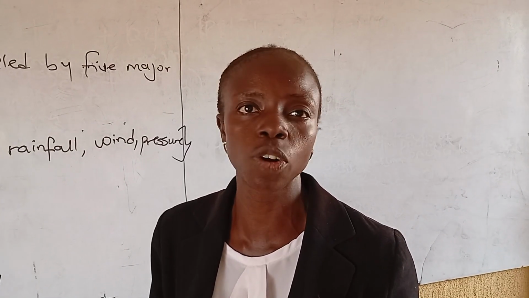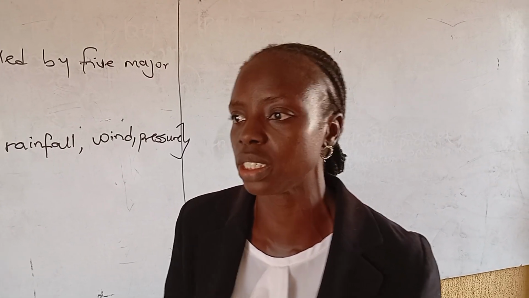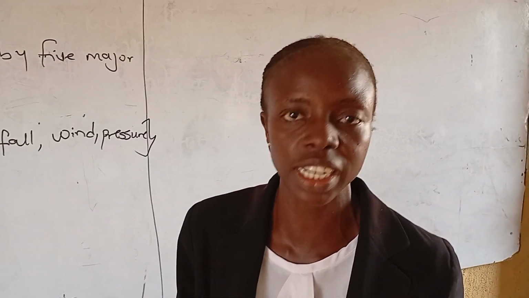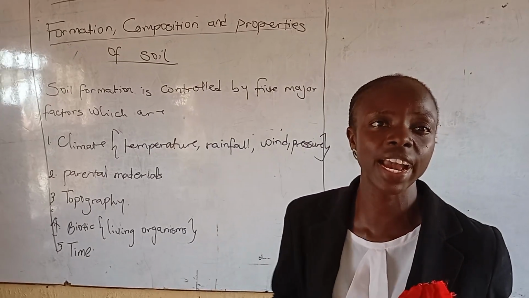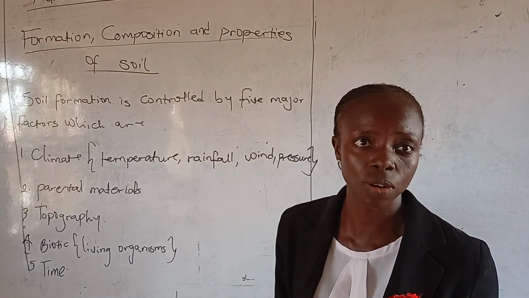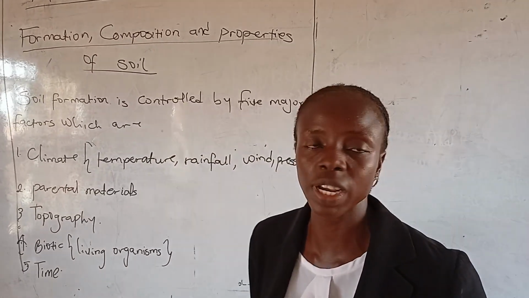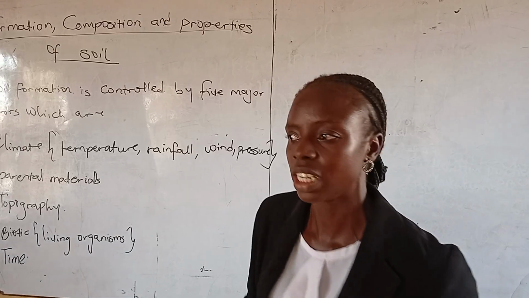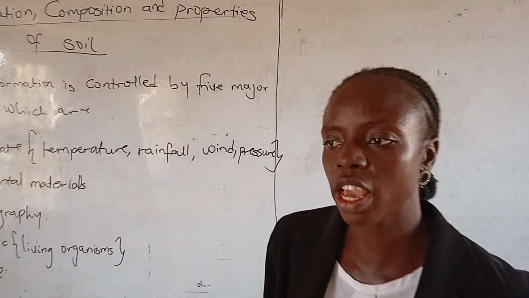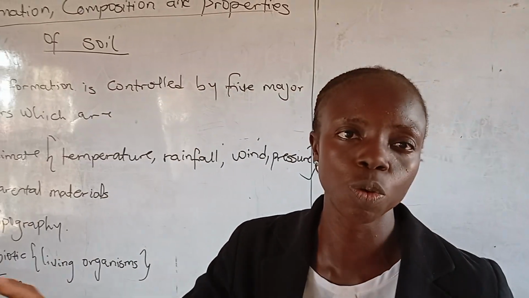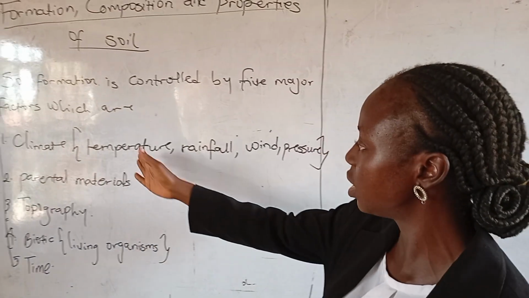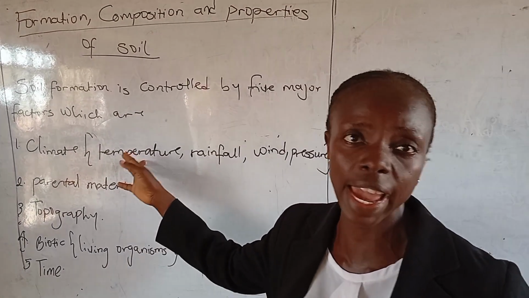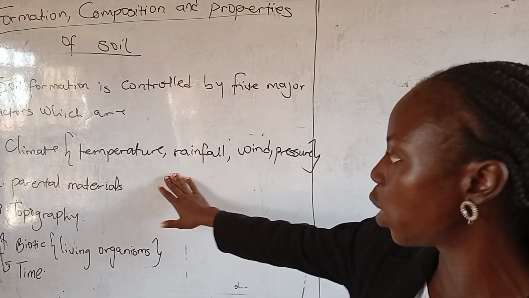The hotness and coolness of temperature makes the rock contract and relax. And when the rock is contracting and relaxing, there will be a kind of crack in your rock. So when this crack takes place, eventually you discover that the rock will be reducing gradually. And that is how this factor, which is temperature, aids the formation of soil.